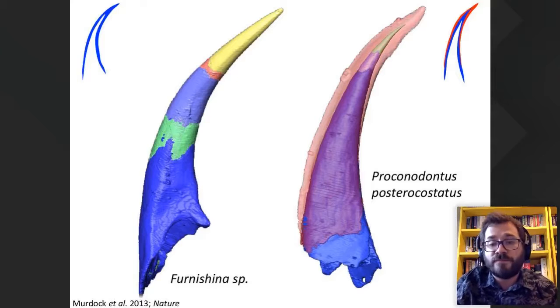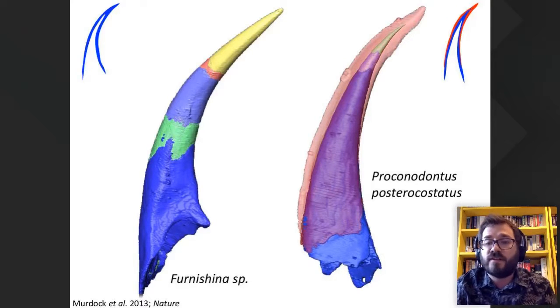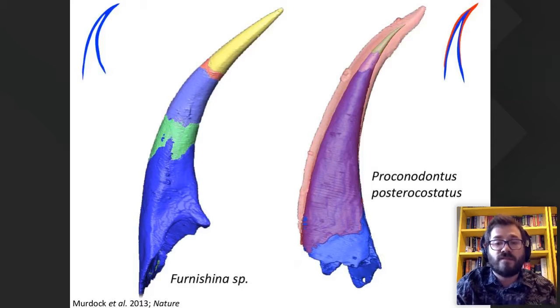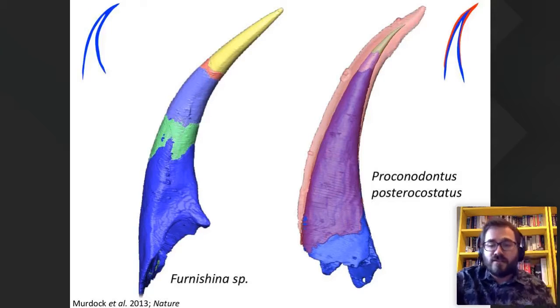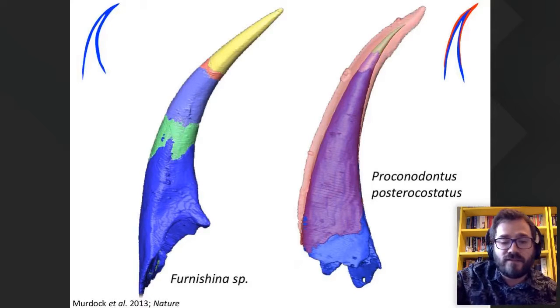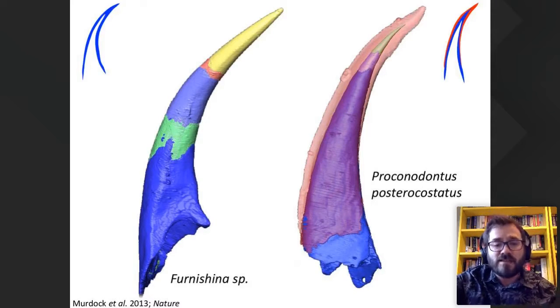So if you strip off the crown and then break up these elements into their individual parts, all of this, of course, done virtually by using the synchrotron tomography method that I mentioned a few minutes ago, the inner part, this blue basal body of a euconodont, is indistinguishable in terms of the method of growth from a paraconodont. So we know that euconodonts evolved via the addition of this outer layer, the euconodont crown.